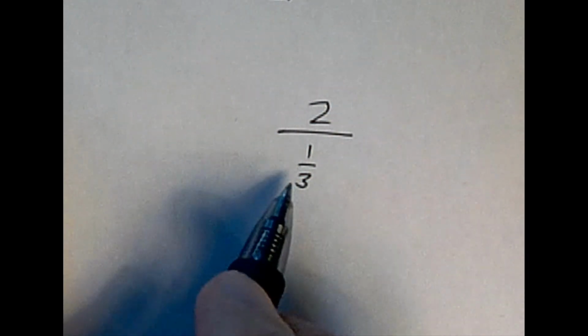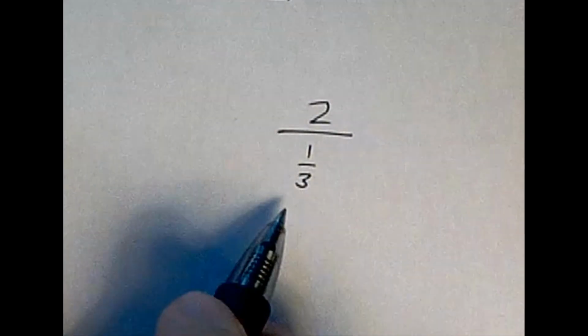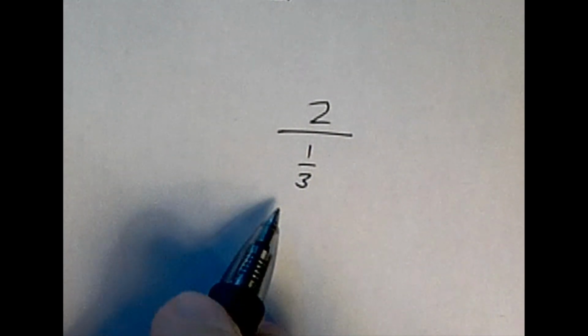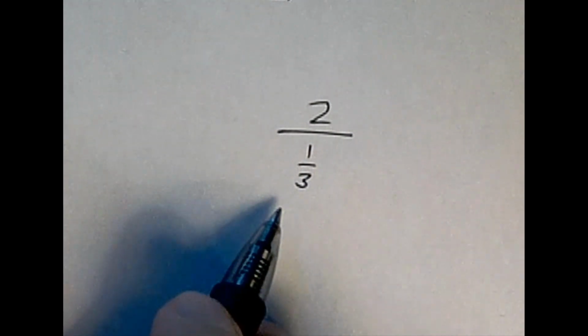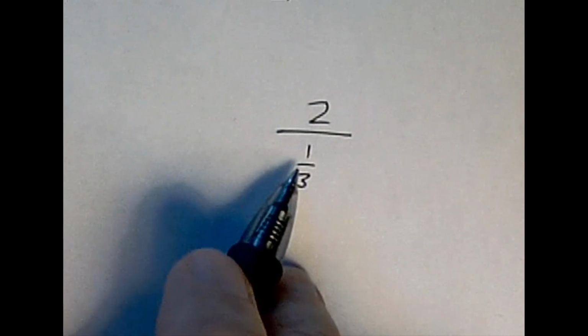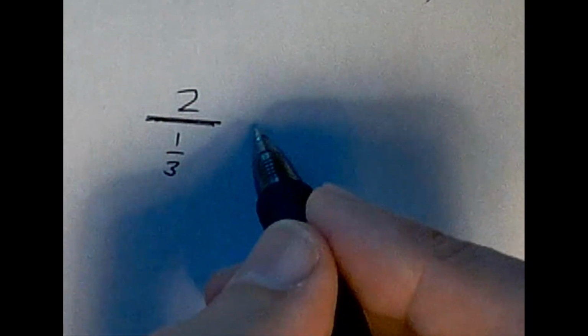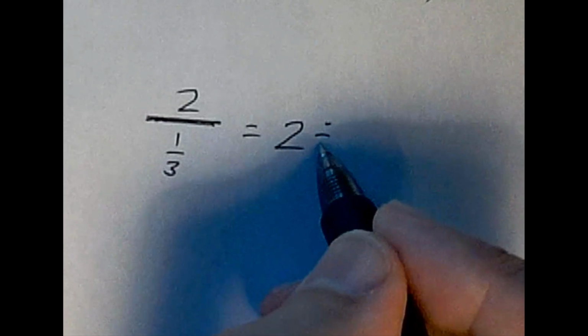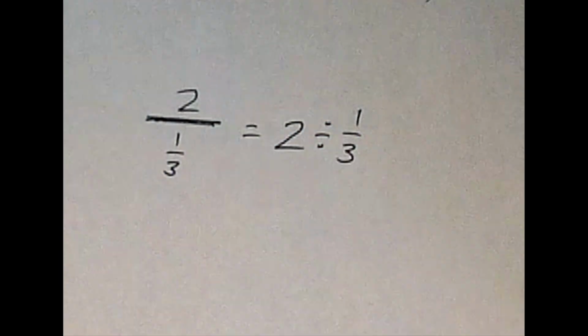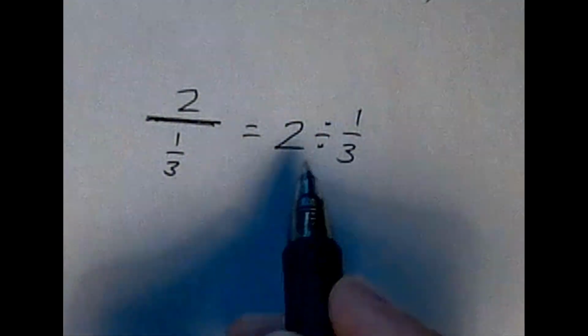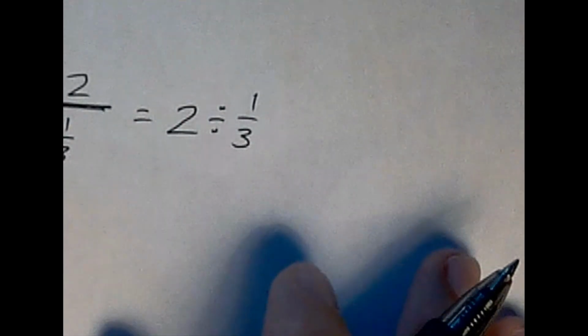So don't let this throw you off, the fact that this is a compound fraction. That's just a number divided by another number. So think of this as your division line. So 2 divided by 1/3, which looks like 2 divided by 1/3. And you know how to divide two numbers together if one is a fraction.